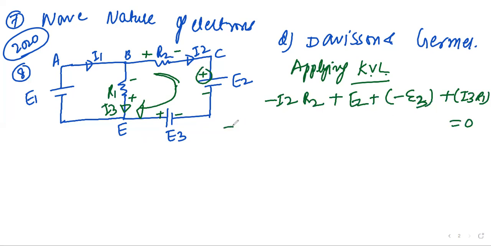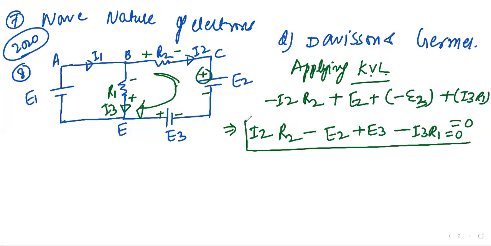Now you can just arrange it. Take the minus common. So it will become I2 R2 minus E2 plus E3 minus I3 R1 equal to 0. Right. So this will be the Kirchhoff's voltage law equation. Please write it down.